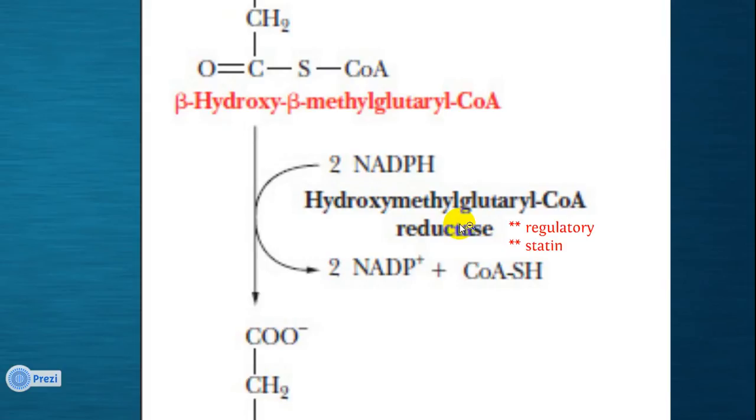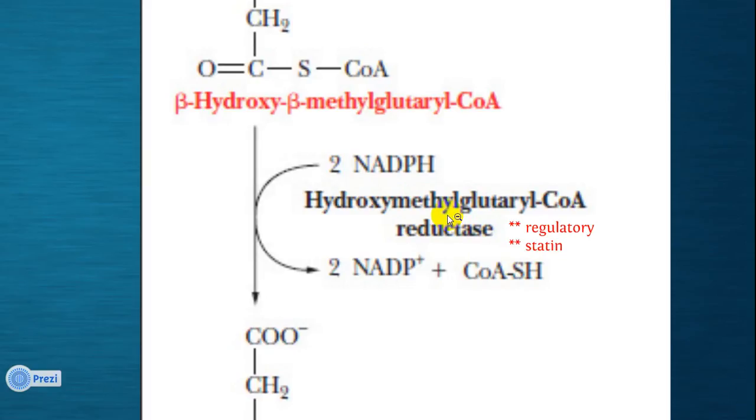The HMG reductase in this pathway, the cholesterol anabolism, is the regulatory enzyme. What do we mean by a regulatory enzyme? This enzyme is responsible for the whole pathway, or it's the major enzyme in this pathway. If we can control this enzyme, we can control the anabolism of cholesterol. And the scientists found that there is some type of drugs that can inhibit this enzyme.